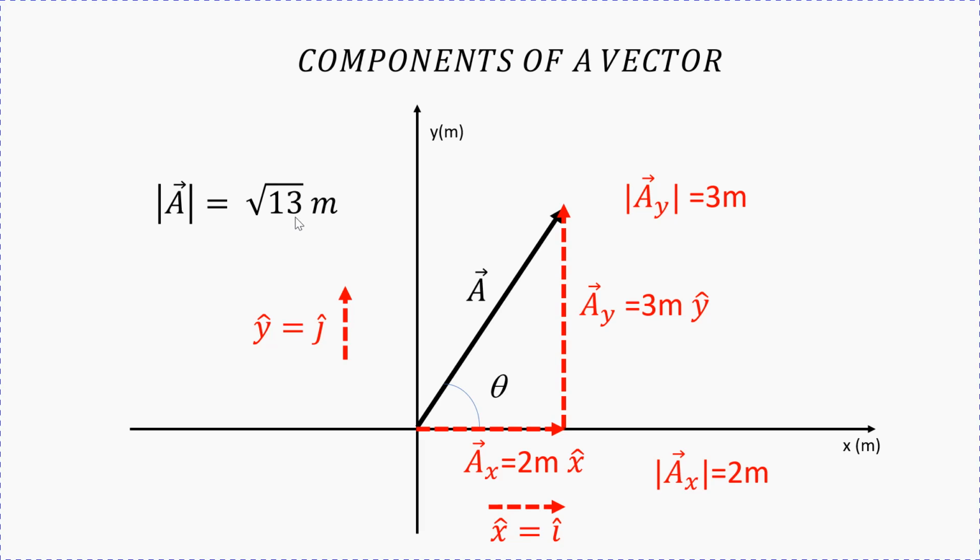I didn't do this step by step there in the PowerPoint, so let's do it step by step: 2 meters here squared plus 3 meters here squared. Pythagorean theorem. And that is 4 meters squared plus 9 meters squared. We get the square root of 13 meters. That's the length of this vector.